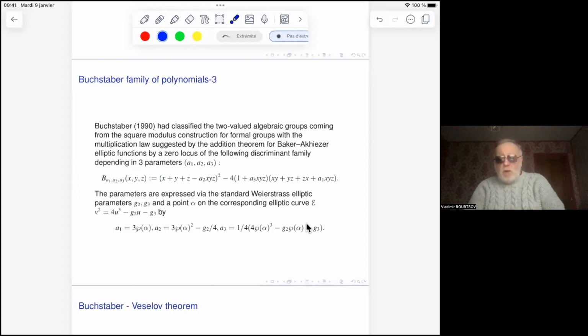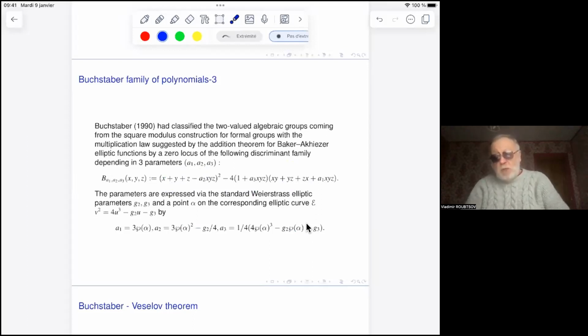A1 is the value of the Weierstrass P function at some point alpha on this curve, P of alpha, multiplied by 3. The second parameter is the square of P alpha times 3 minus g2, divided by 4. And A3 is 4 P alpha cubed minus g2 P alpha minus g3, divided by 4.